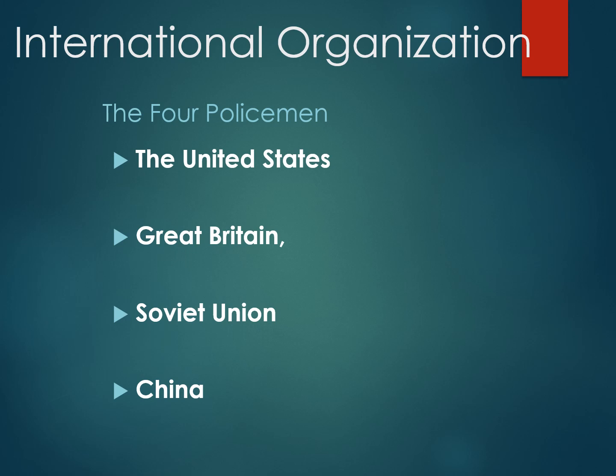The three, what he thought of as great world powers, and China, which was not at that point, but he believed would eventually become a great power as well once it modernized. So these four countries he felt needed to play a special role.